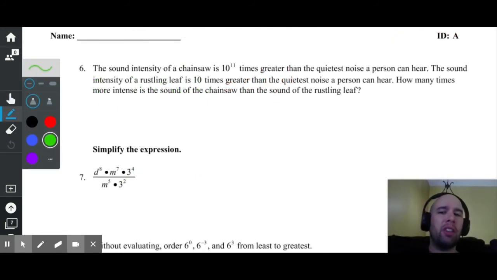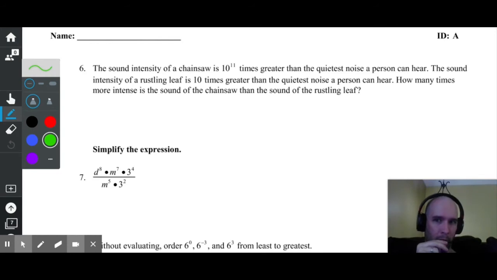The sound intensity of a chainsaw is 10 to the 11th times greater than the quietest noise a person can hear. The sound intensity of a rustling leaf is 10 times greater than the quietest noise a person can hear.